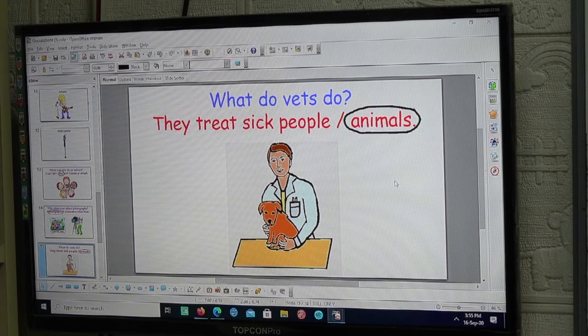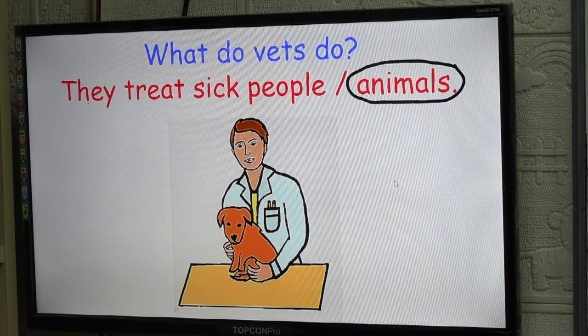Can you notice? This vet is treating a sick animal. What animal is it? Is it a rabbit? Is it a kitten? No, that is a dog, right? That is a dog. Or you can say puppy, right? Puppy is called a baby dog.